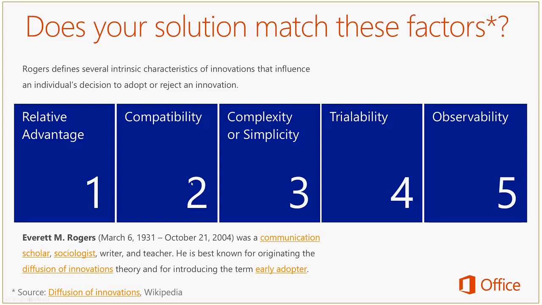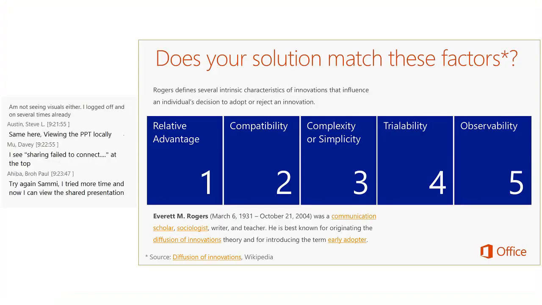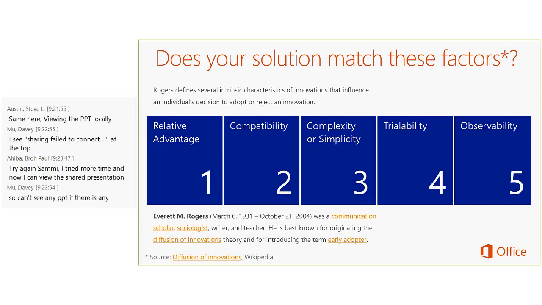Number two, compatibility. That means we don't want a big disruption, and we want to make sure the solution is compatible with the way people live and work. So if I am always on the road, I will need a solution that allows me to access my content offline, as an example.